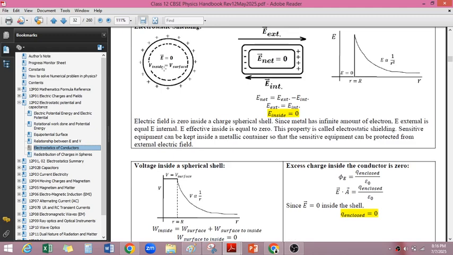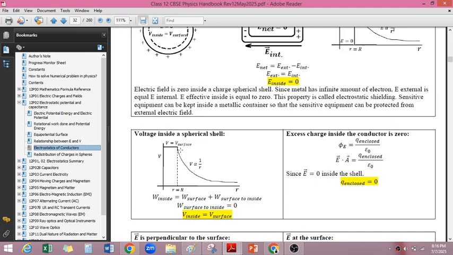Similarly, voltage inside is equal to the voltage at the surface. Anybody know why? Why do I say voltage inside the sphere is equal to the voltage at the surface? Anybody why?